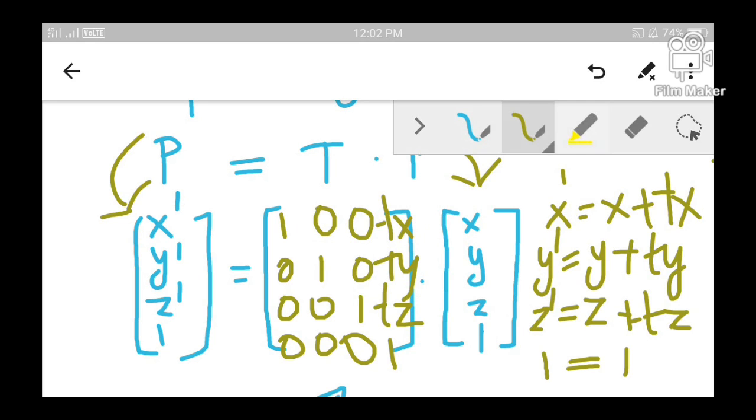And when the fourth row is multiplied with the column matrix, you will get the fourth value, that is 1. So even though an additional coordinate is added, that is n plus 1 coordinates, there is still no change in the values of equations. Still the equations are the same, which is x plus tx is equal to x dash, y plus ty equal to y dash, and z plus tz is equal to z dash.